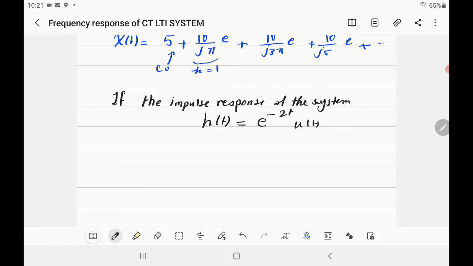All right, this is given. You should convert this impulse response into the frequency domain using the Fourier transform. And this is easy.